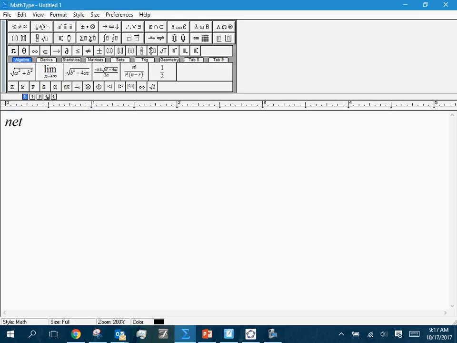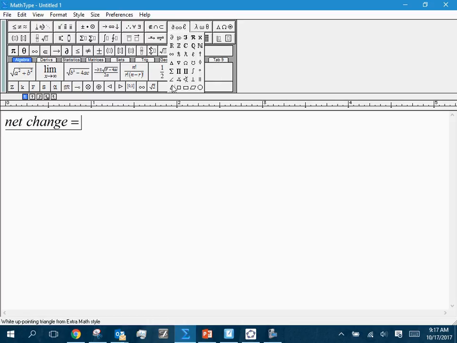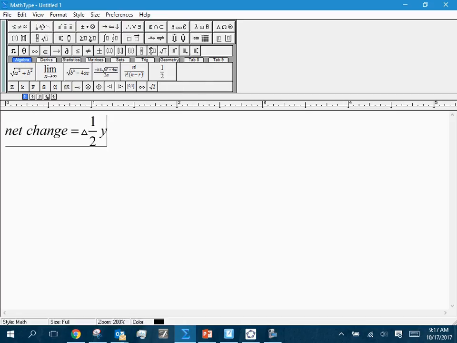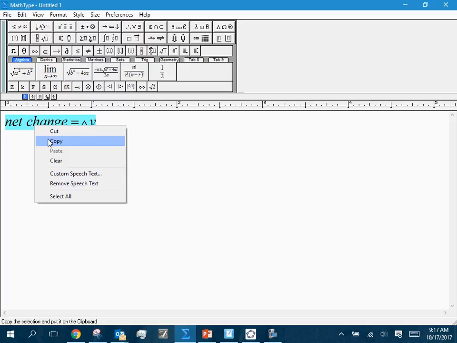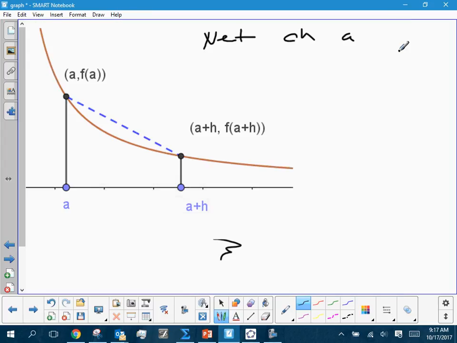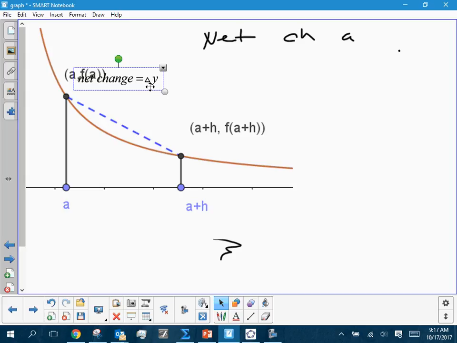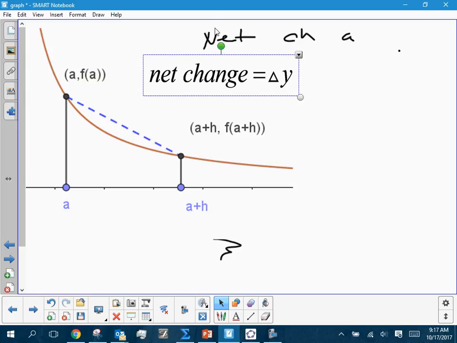All right, so net change is equal to, just using some notation that maybe you've seen in a science course, delta y. Where's delta? There she is. Delta y, right? Okay, so net change is delta y.